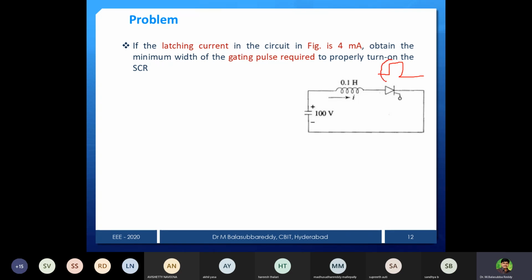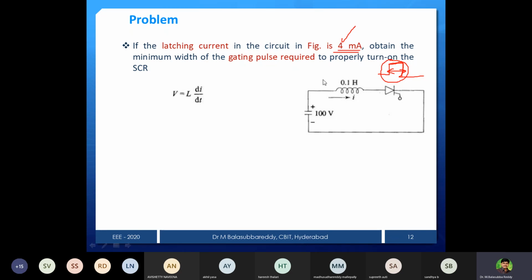Ensure that the width of the gate pulse is such that during that time the thyristor anode current reaches 4 milliamperes. Otherwise, the device is automatically going to turn off. So how much width do we need to provide to reach an anode current equal to 4 milliamperes?